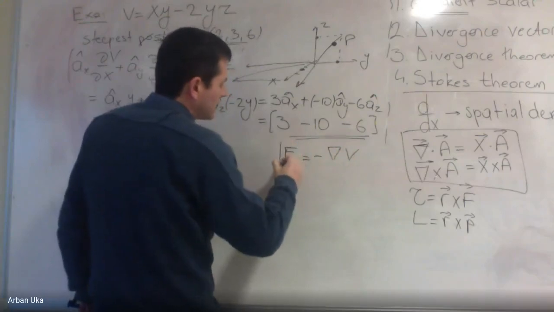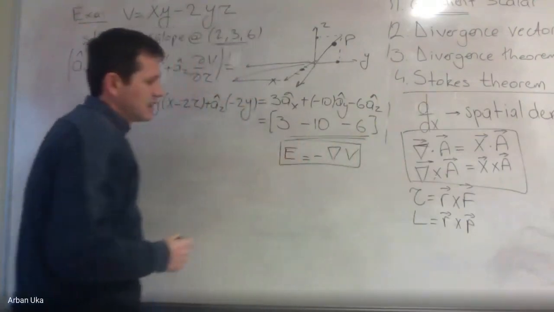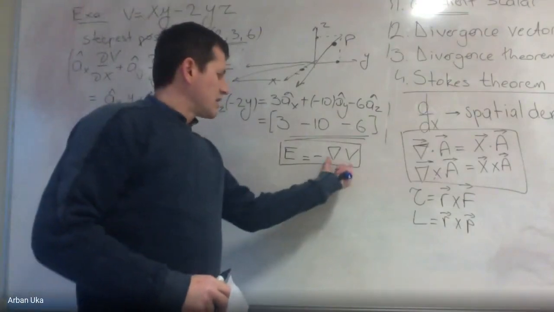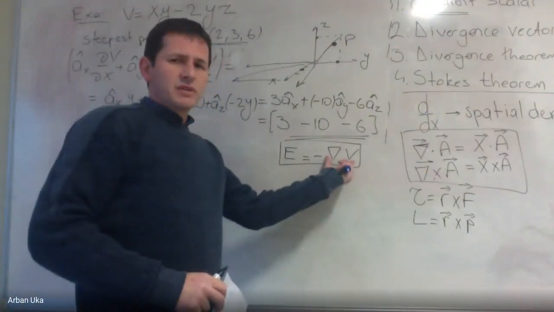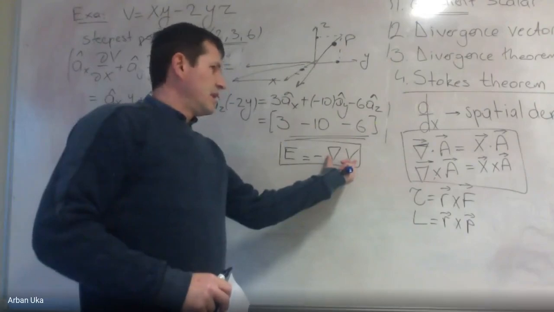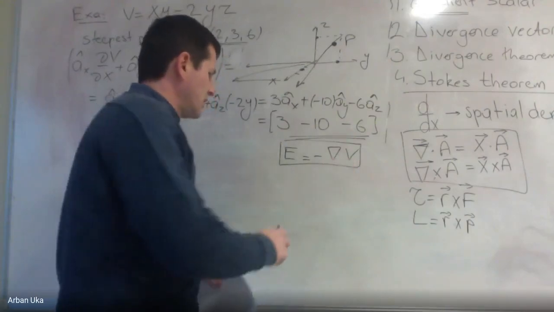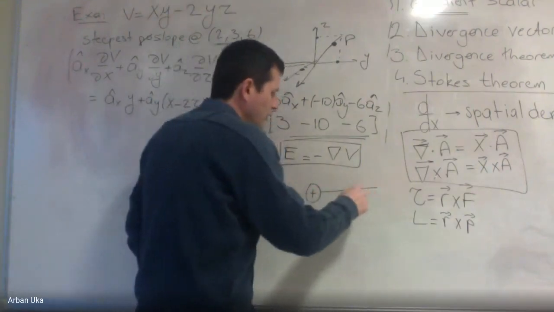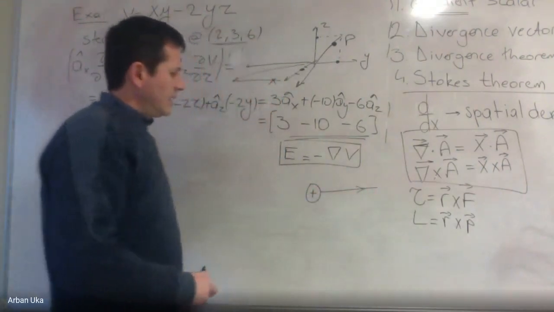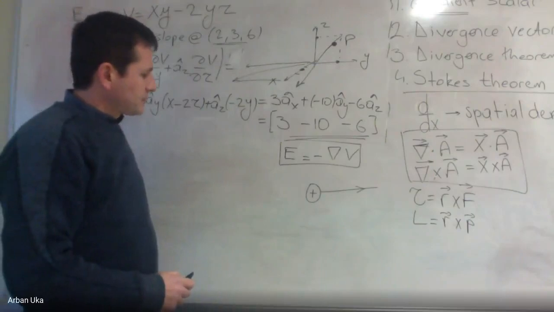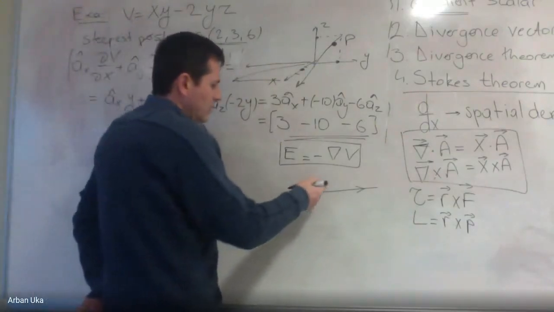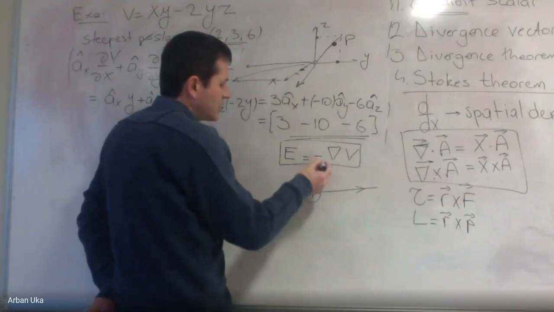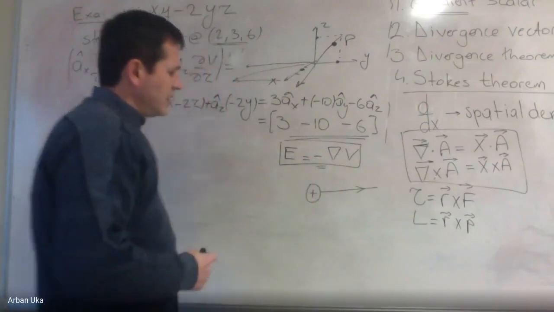And the reason that we need to put here a minus sign is that if the gradient is telling us the maximum increase of this potential, now we know that if we have a charge here, the electric field is going to point in this direction. And in order to account for the direction of the field, we need this negative sign.